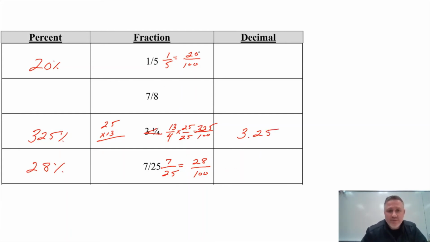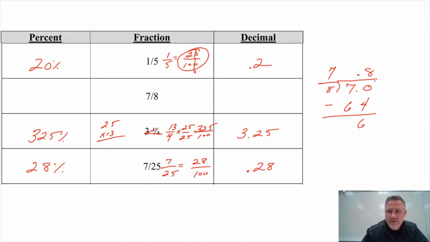All right, now the decimals. I'm just going to read this out loud. 20 hundredths. That's the same thing as 2 tenths. So that's 0.2. 28 hundredths here. That's 0.28. And 7/8, I'm going to long divide that out. All right. 7 is jumping into the pool. And I add a decimal, I add a 0. 8 into 70, I'm going to multiply by 8 to get 64.